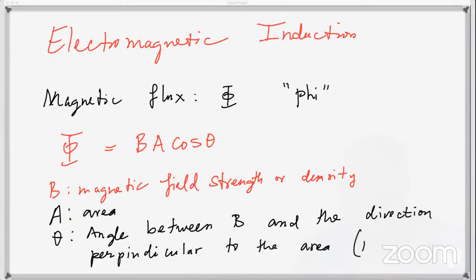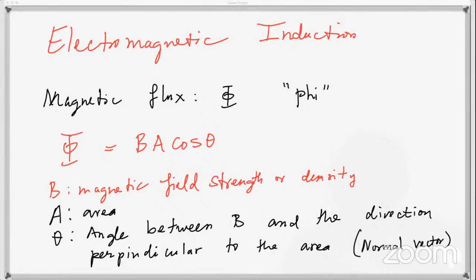Or you could also say it's the angle between B and the normal vector. Normal vector is simply a vector that is perpendicular to the area and points outwards or away from the area.